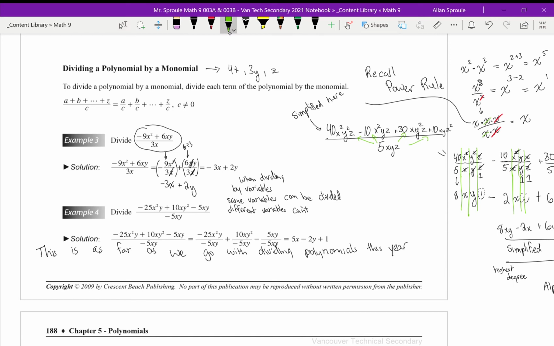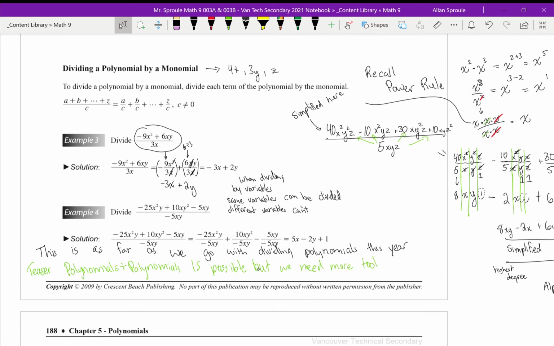You don't have to worry about this, but as a teaser, polynomials divided by polynomials is possible, but we need more tools.